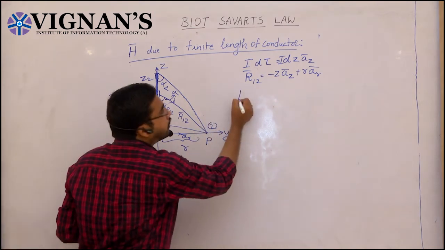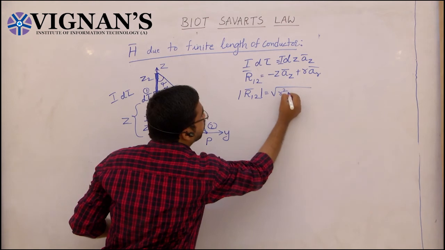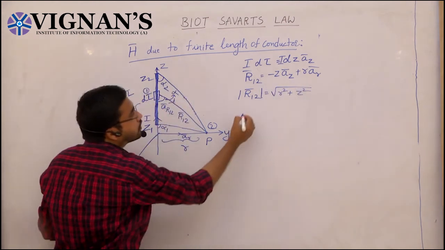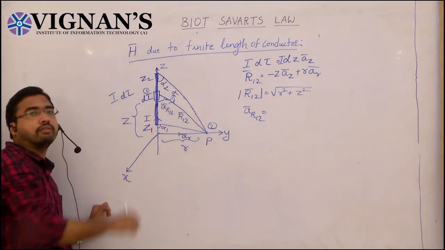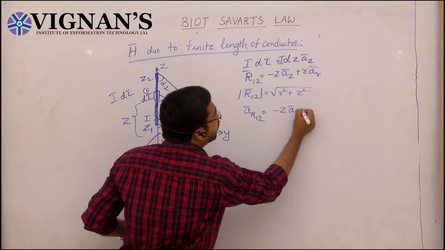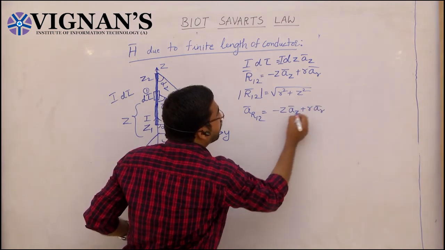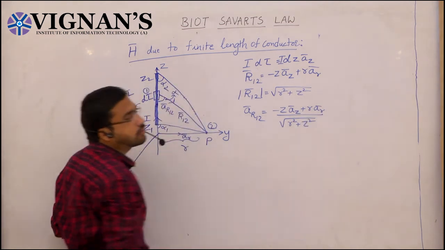Okay. So mod R12, what is mod R12? That is root over R square plus Z square. So now the unit vector AR12 can be calculated as minus Z AZ bar plus R AR bar by root over R square plus Z square.